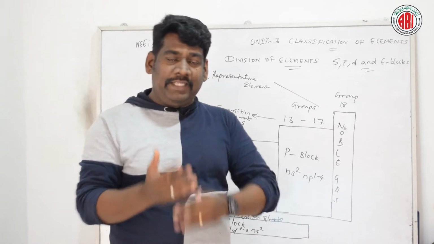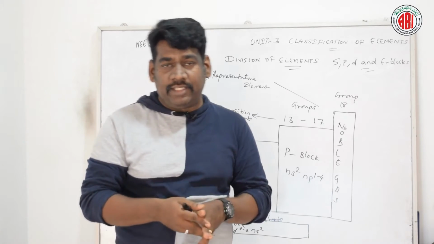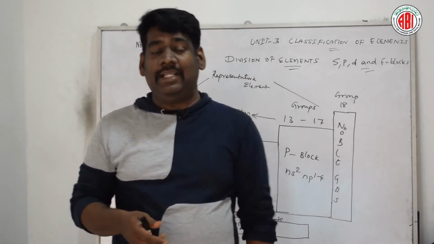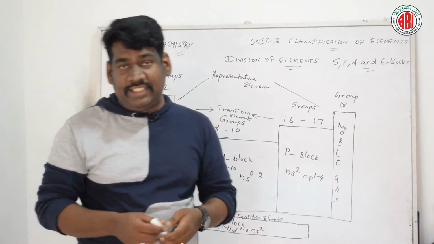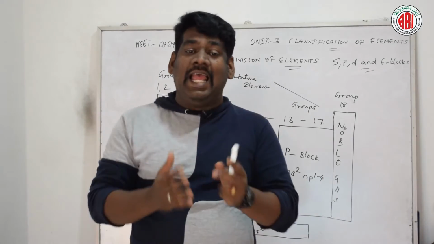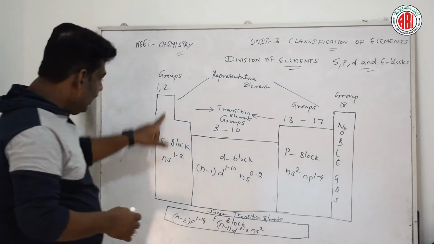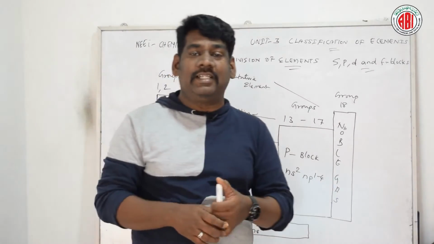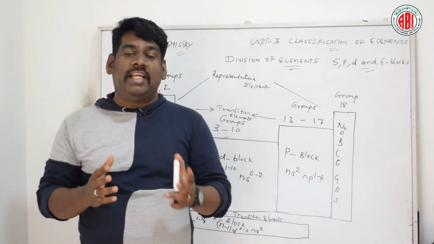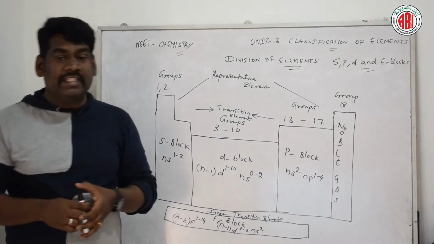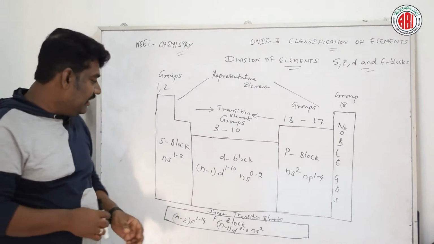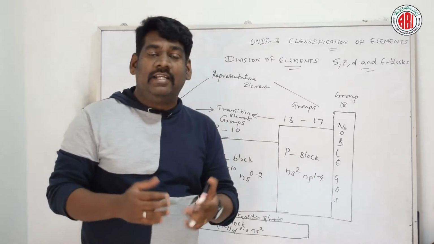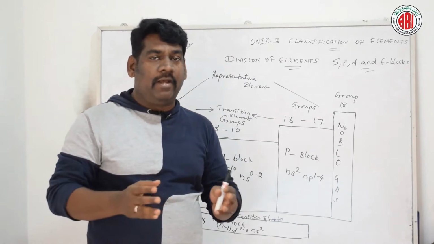So there are two different types of metals placed in the S block, and the general electronic configuration is ns1 or ns2. This is the general electronic configuration of S block elements.